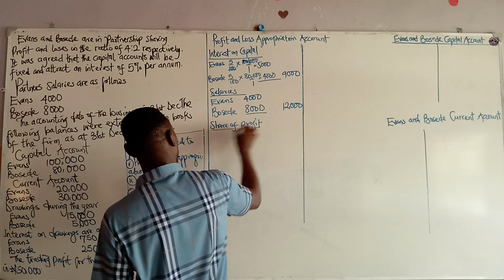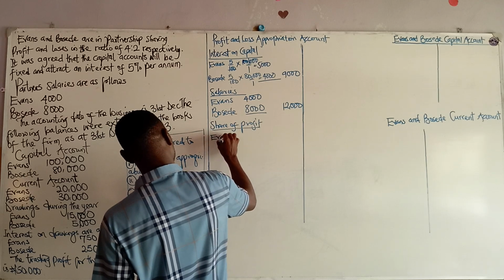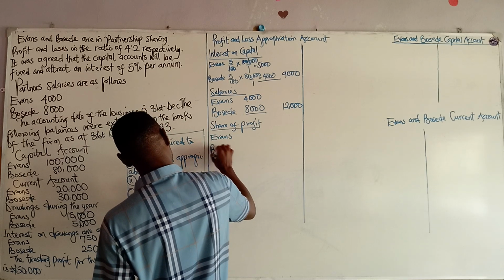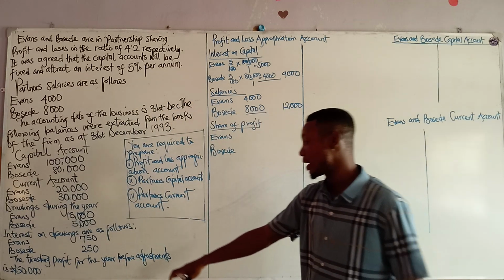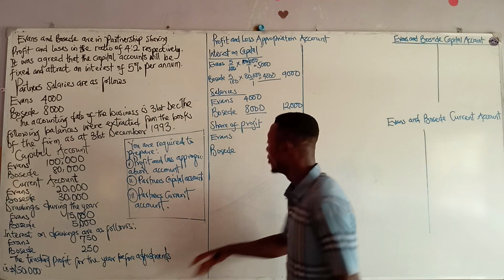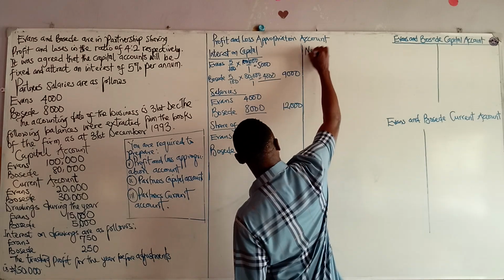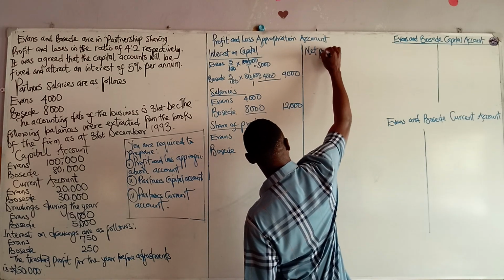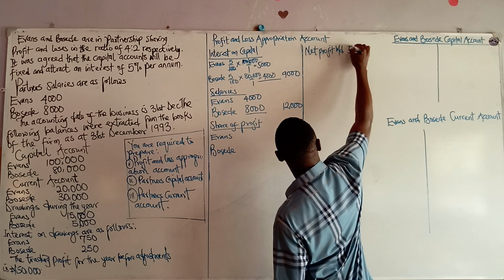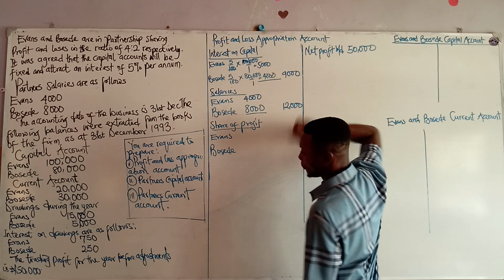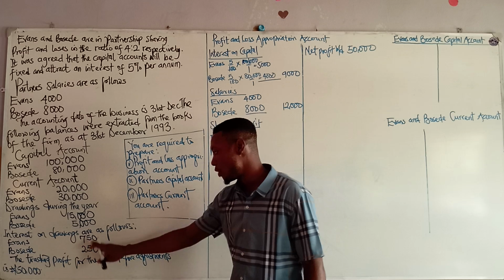Now, for share of profit, we have Evans and Boside. First we go to our net profit that was brought down, which is on the credit side. Our net profit is 50,000. Then we have interest on drawings that is charged.